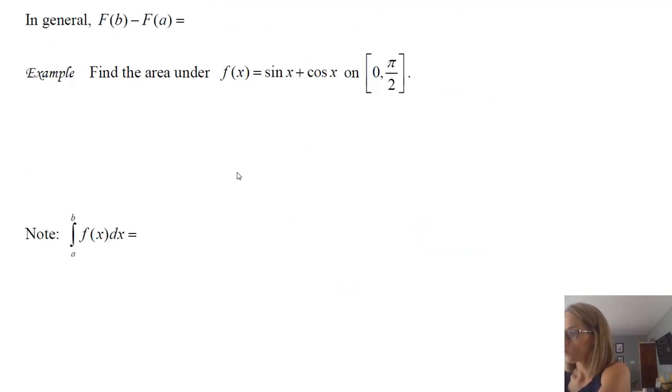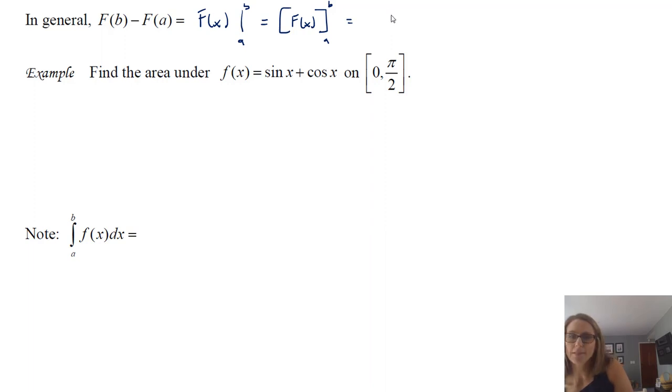Okay, so last page of this section. In general, this is just the antiderivative evaluated from a to b, and again, you might see it as something like this, but all of these capital F of x's are the actual antiderivative.